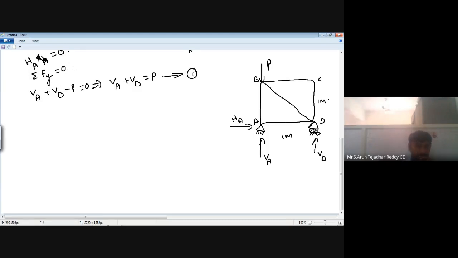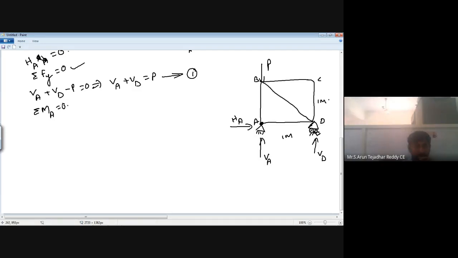Two forces completed, horizontal force and vertical force. Next, the remaining equilibrium equation is sigma moment. Here totally 4 joints are there. Take any one as a reference. See here, I am taking point A as a reference. So moment at A is equal to 0.